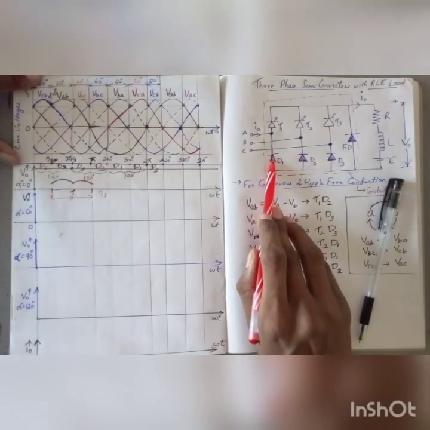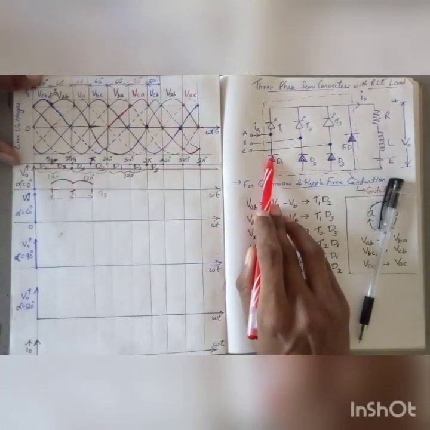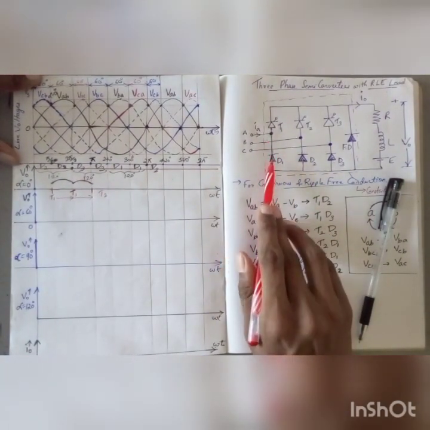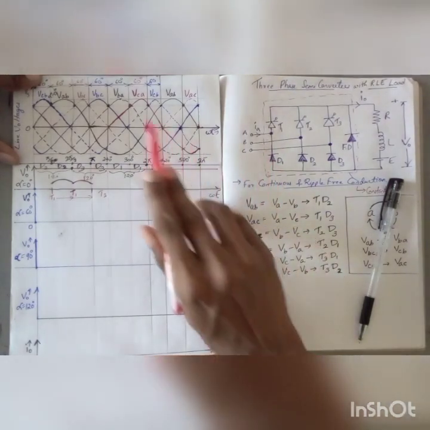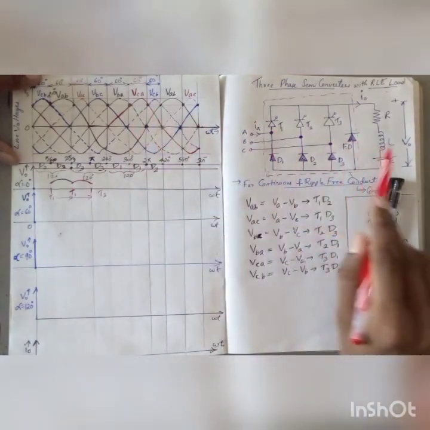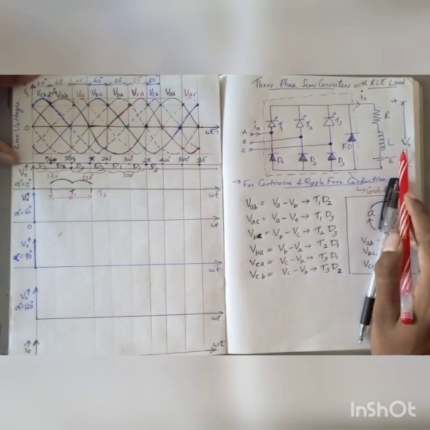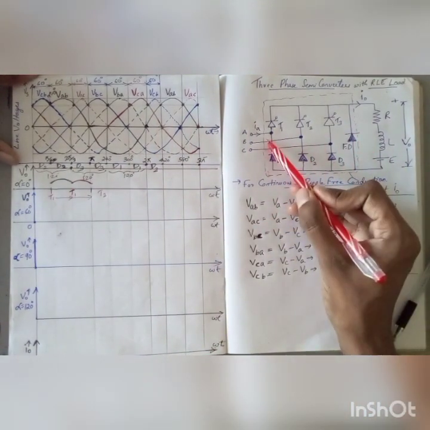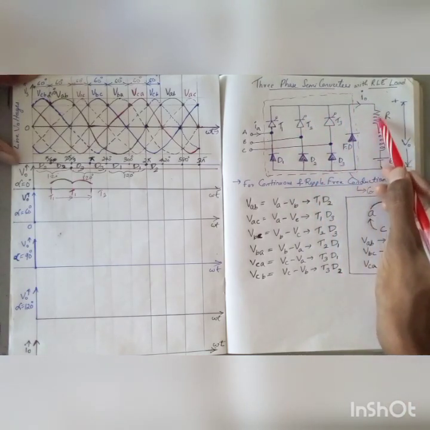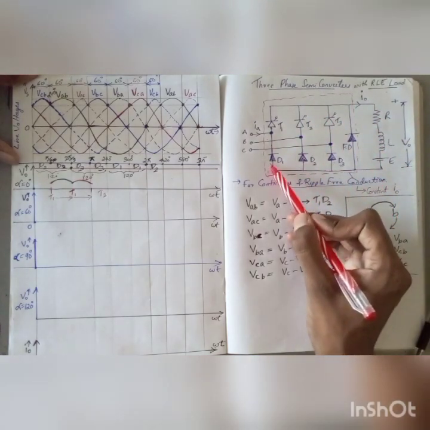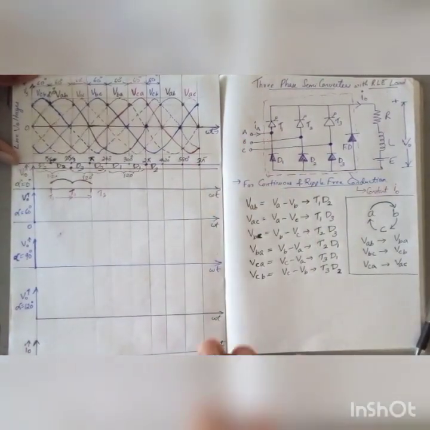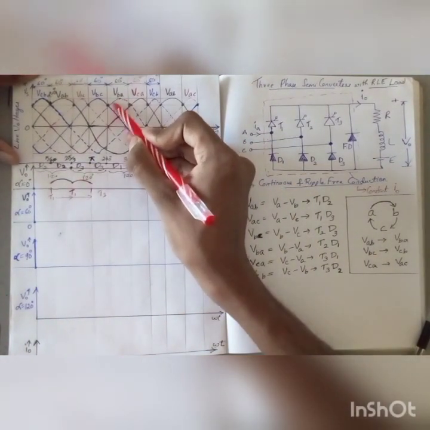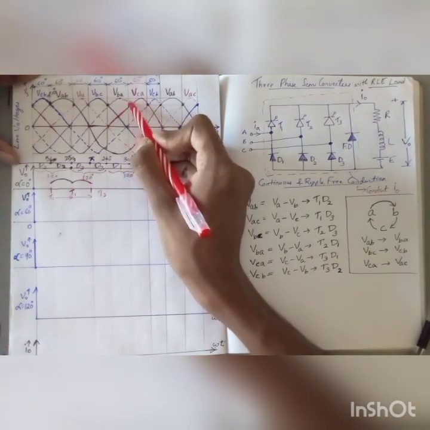Minus VA means the cathode of D1 is given negative phase voltage, so D1 is conducting. So VBA will be appearing across my load voltage V0, through T2, through the load, through D1 back to phase A.